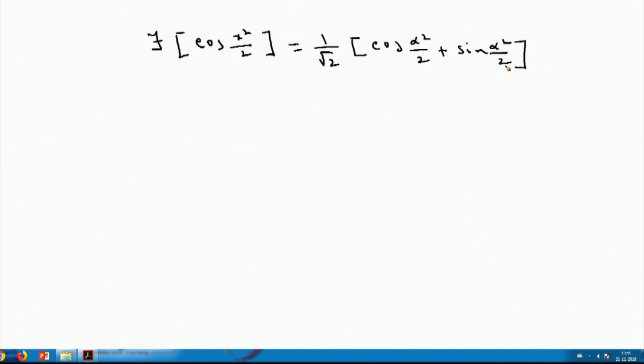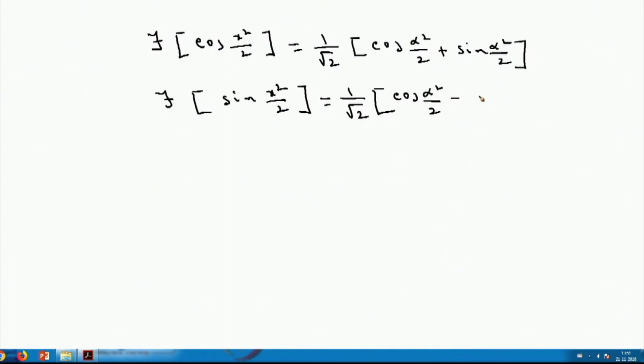In previous lectures, we have already proved in one example, and similarly we know Fourier transform of sine of x square by 2 equals 1 by root 2 times cos of alpha square by 2 minus sine of alpha square by 2. These two results are already known to us.